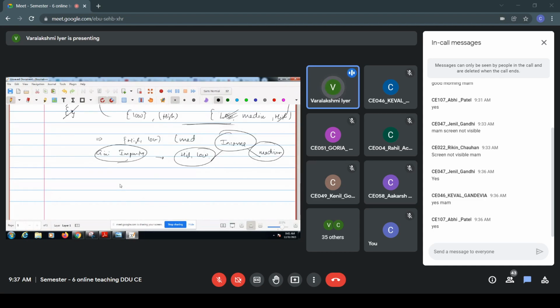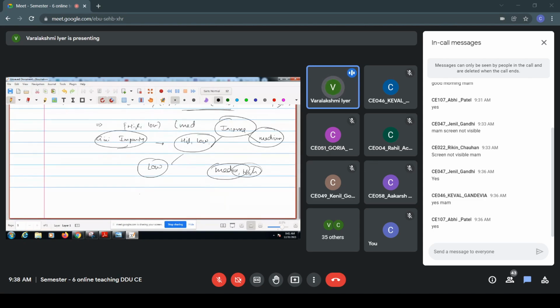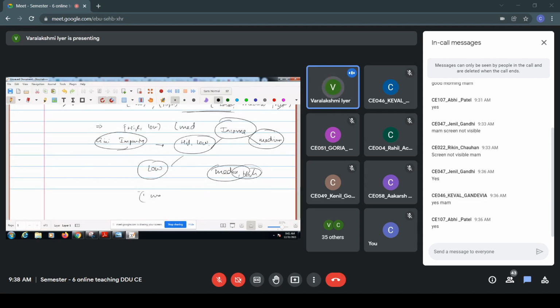Then you check the other cases. The next case could be low on the left side and medium and high on the right side. The third could be medium and low on the left and high on the right side.